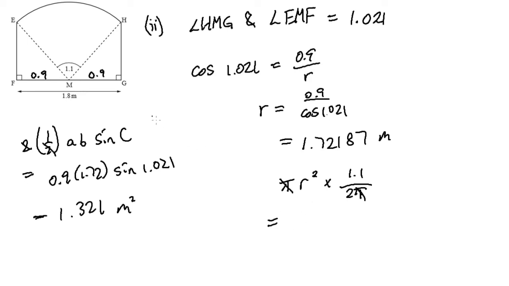And see, radius is 1.72. R squared times 1.1 divided by 2 is just 1.630.